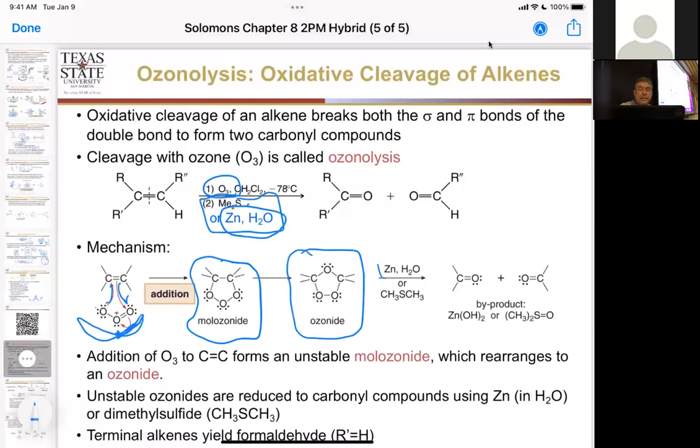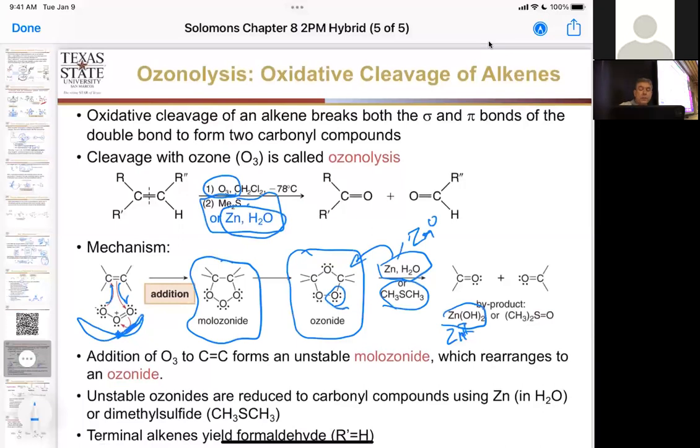But if you add zinc, what it's going to do is it's going to add electrons to the system, and it's going to turn into zinc 2. This is zinc 0. This is going to turn into zinc 2. And when it does that, it's also going to take away one of these oxygens. In the case of the sulfur compound, it wants to have a bond to oxygen. It's very oxophilic.